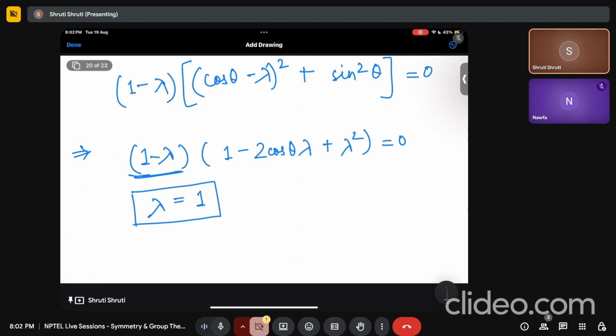And from this quadratic equation, you will get two roots, which are cos theta plus minus i sine theta.